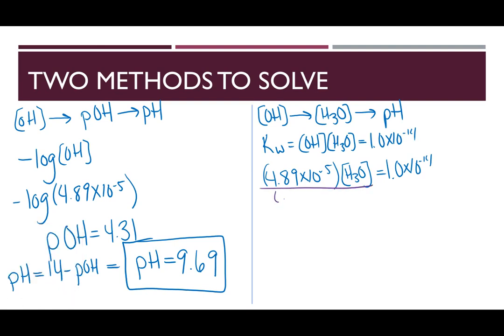Then I'm going to divide by 4.89 times 10 to the negative 5th. Those cancel.